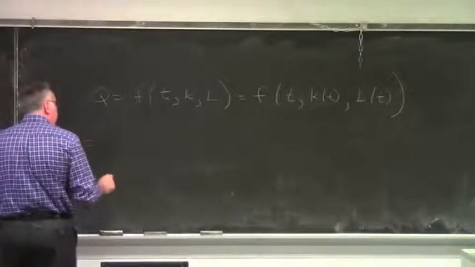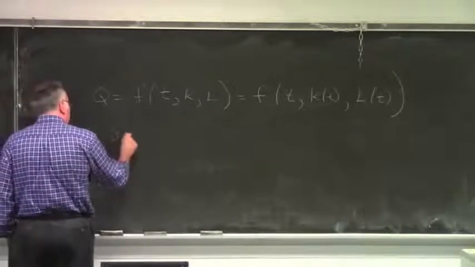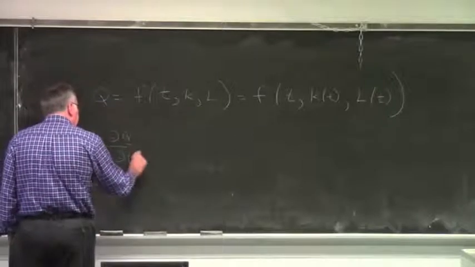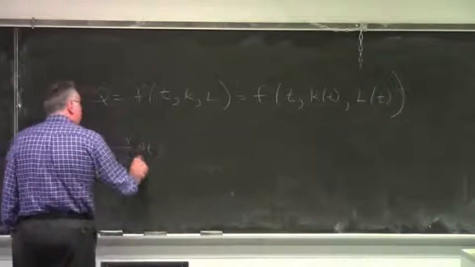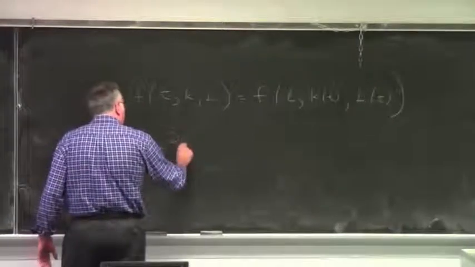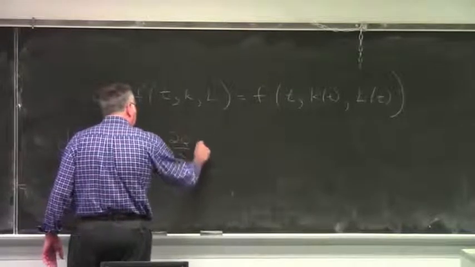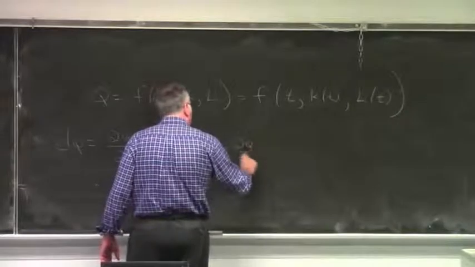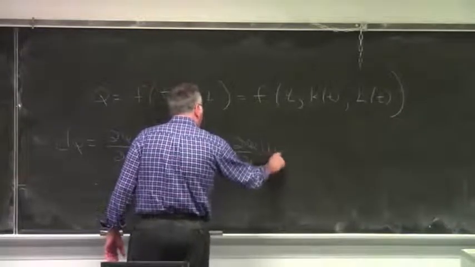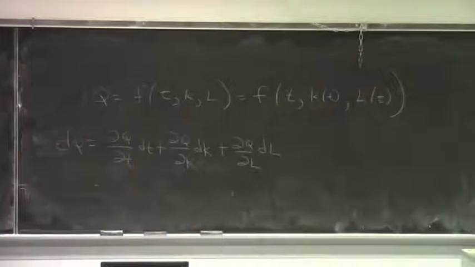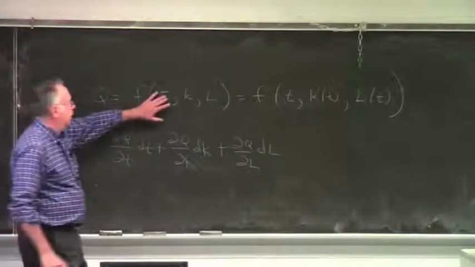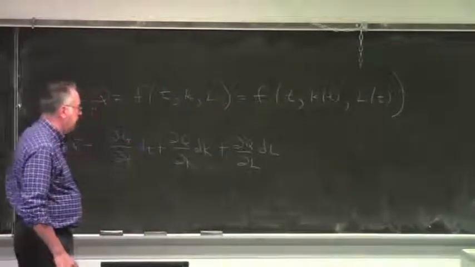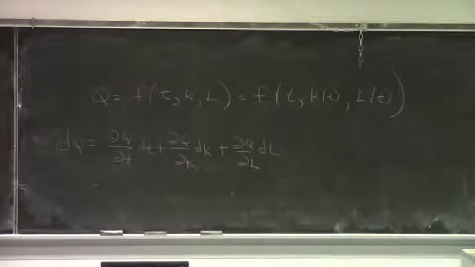And dQ is just going to be partial Q, partial T dT, plus partial Q, partial K dK, plus partial Q, partial L dL. That would be the total differential. Notice now there are three components because you've got three variables in here. But that's the total differential of output.